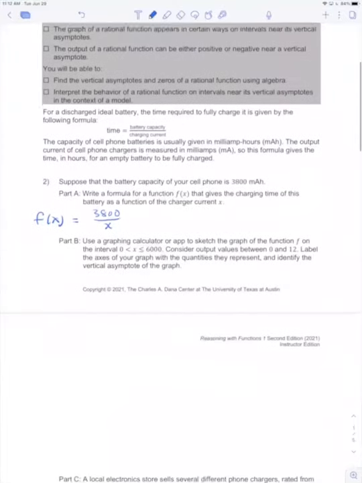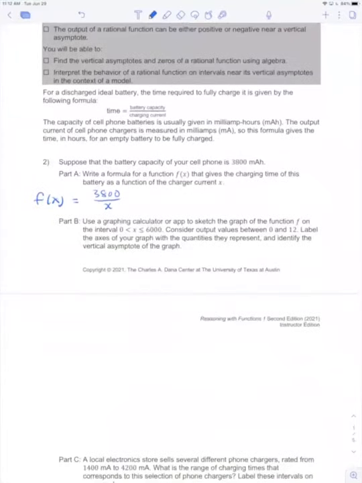I'm just going to scroll right here and put it here. Okay. We're going to go up to 6,000. And then there's about 3.